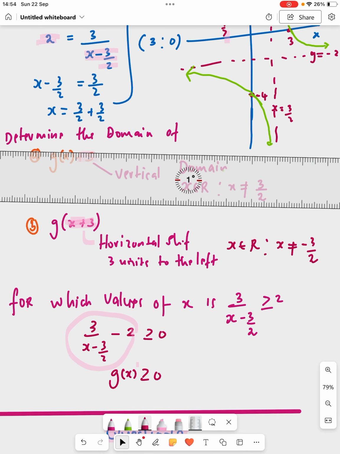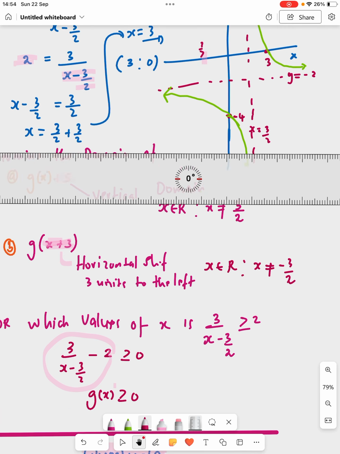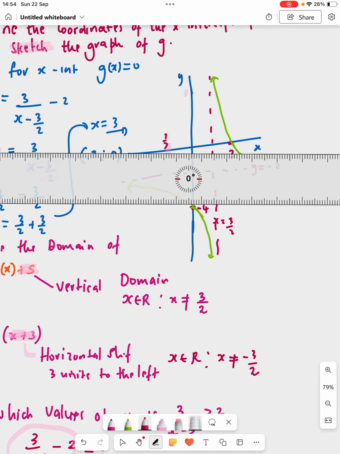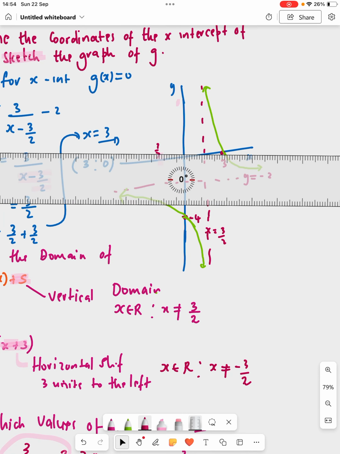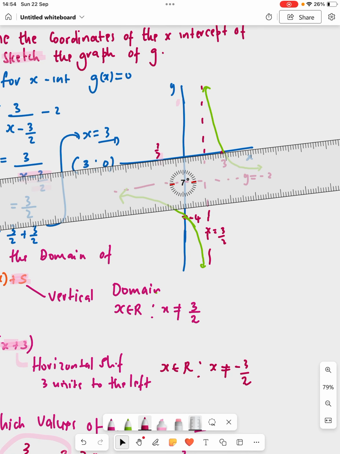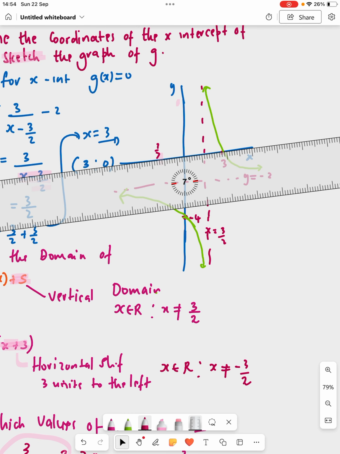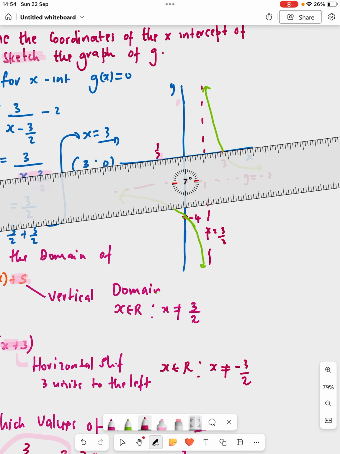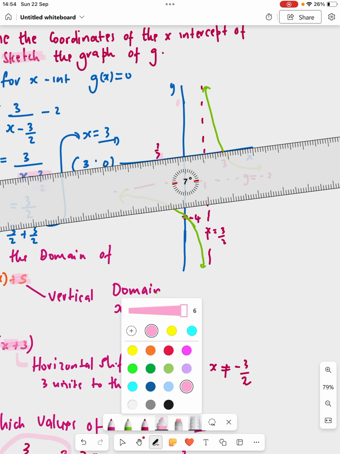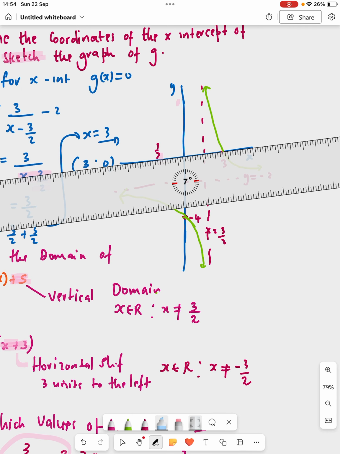So let's check from the graph. Now here is our graph. So here at 0, okay, here is 0. Now greater than 0 is the part that appears above this ruler. So the graph is greater than 0 here. Let me highlight.